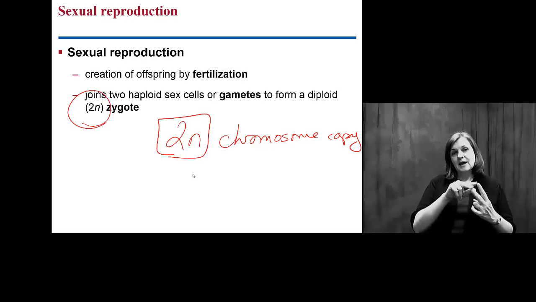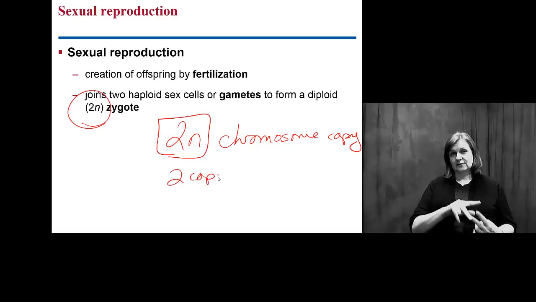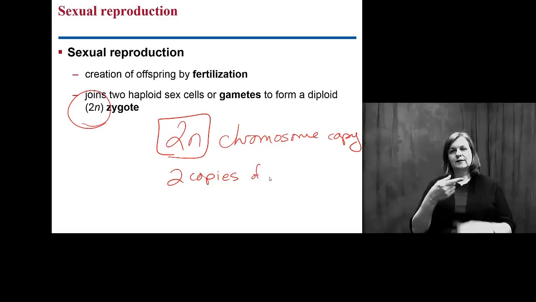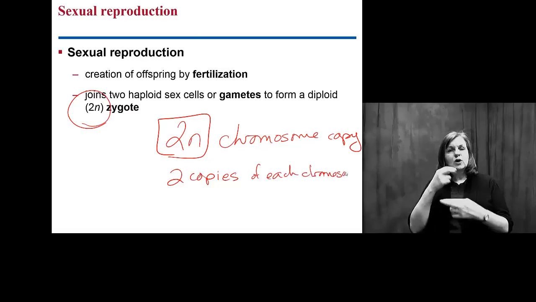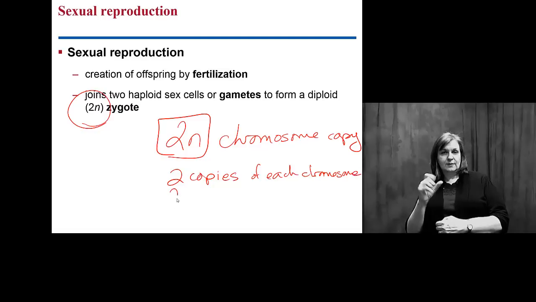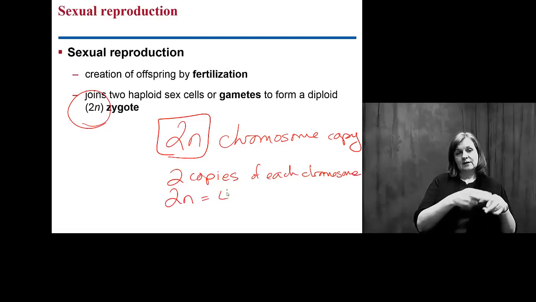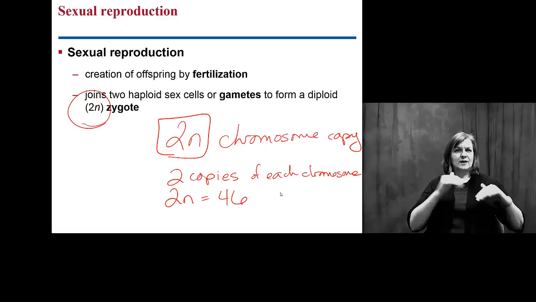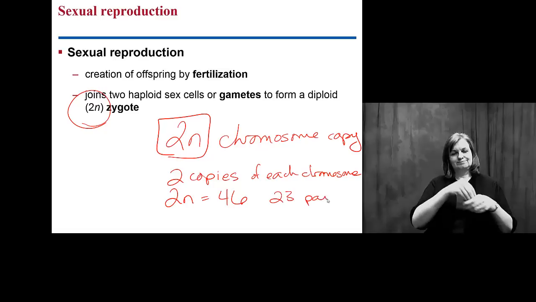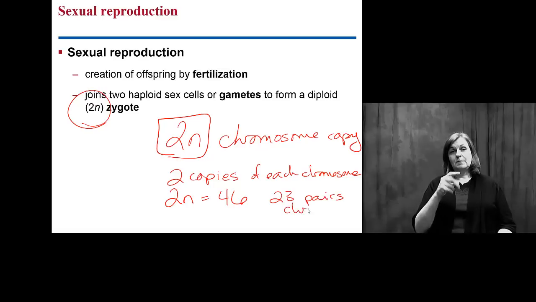So this means that you have two copies of each chromosome. 2N for humans equals 46, meaning you have 23 pairs of chromosomes. We'll discuss this more in genetics.